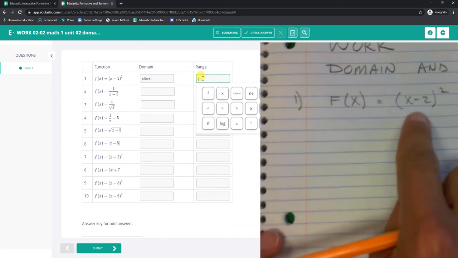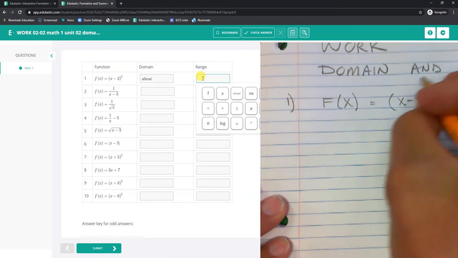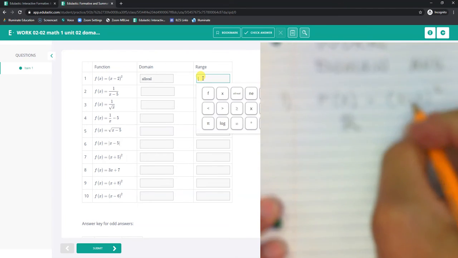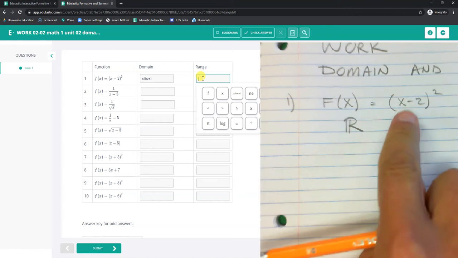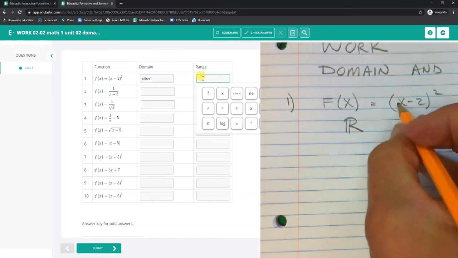What can come out of it? So all real numbers going in. Coming out, I can't get out negatives, can I? I can get out a 0. If I plug in a 2, I can get out a 0, but I can't get out negatives.